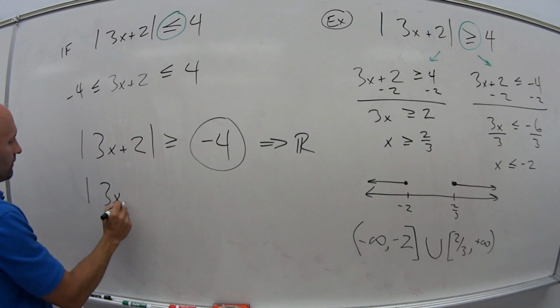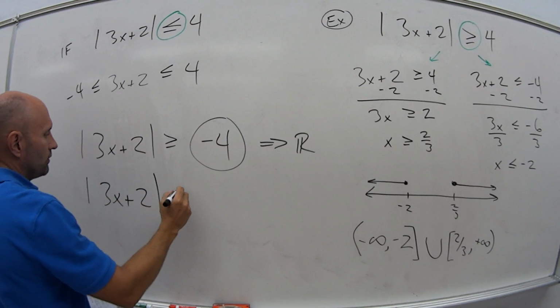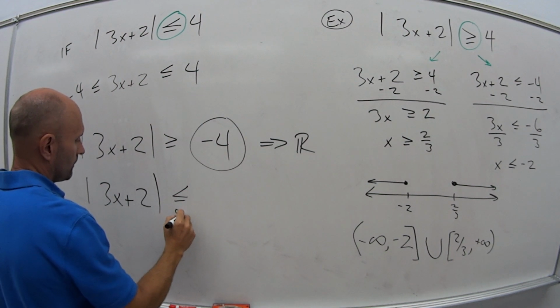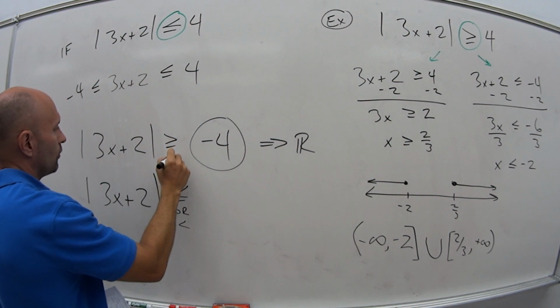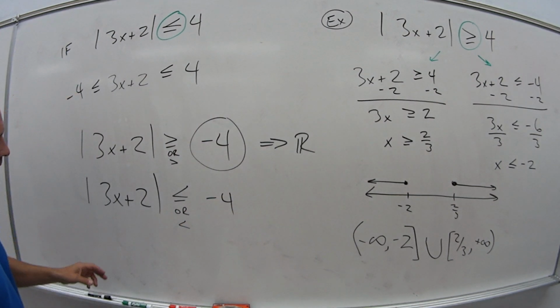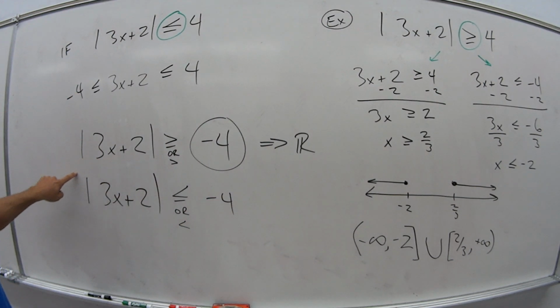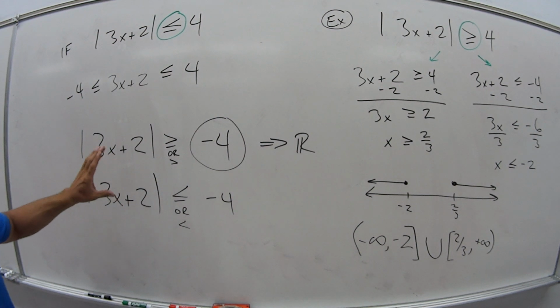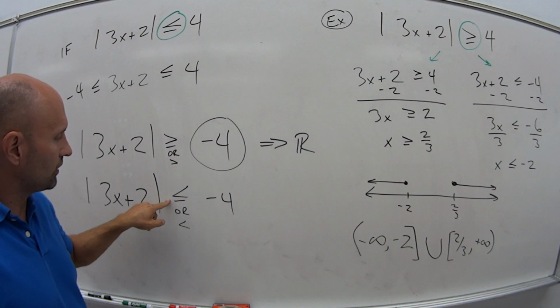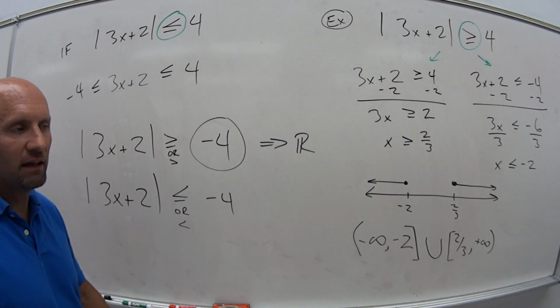In the last case, 3x plus 2 absolute value is less than or equal to, or it could just be less than, negative 4. Well, again, the absolute value is always going to be a positive number. So when is a positive number ever going to be less than a negative value?